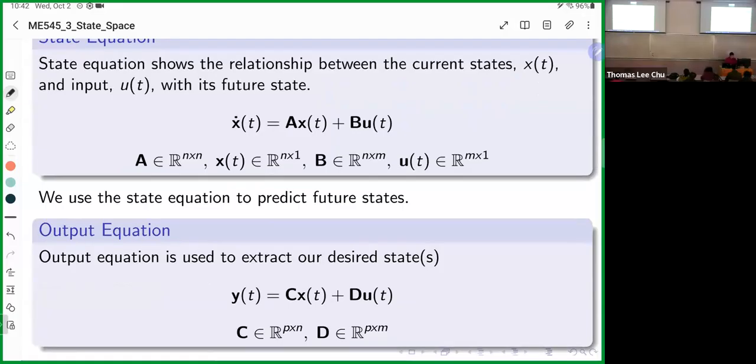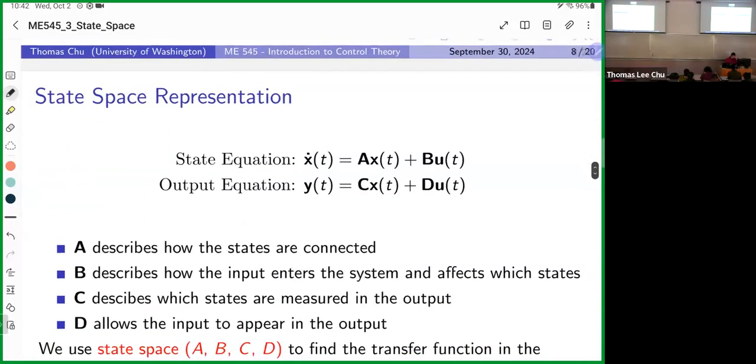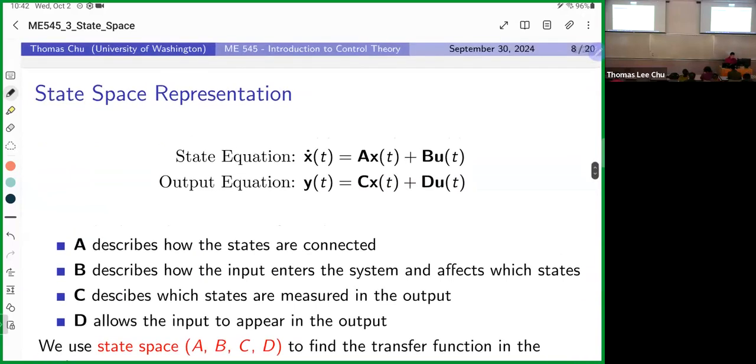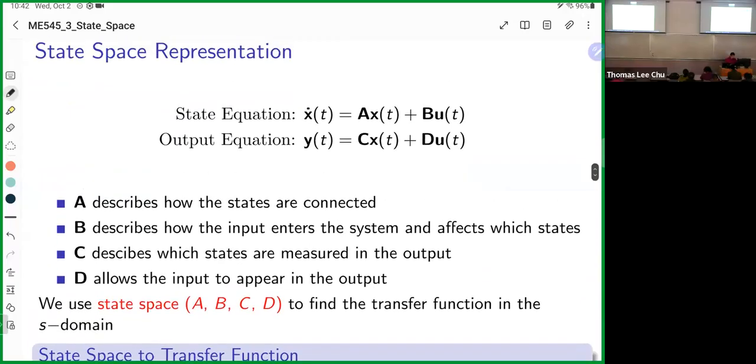Y is equal to C times x plus D times u. D is just like a feed forward term. If we want our input to show up in the output, we have D there. I have a more detailed explanation of what this means.